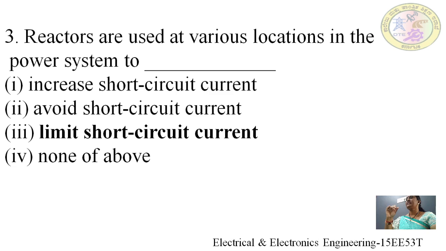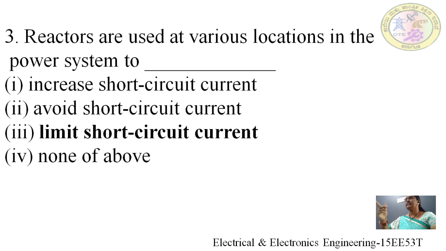Why are reactors used? Reactors are used to limit the short circuit current that I have mentioned in the lecture. Therefore, that is the answer. Straight away we can select that answer.